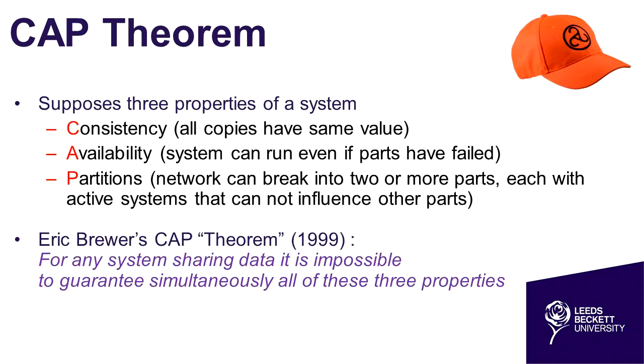Having all three would be ideal, the best outcome, but the CAP theorem says that it's not possible to have all three at the same time. So the bottom line is we need to make a compromise somewhere, and depending on which system you want to implement, you can choose among the three and decide which is optimal given the situation.